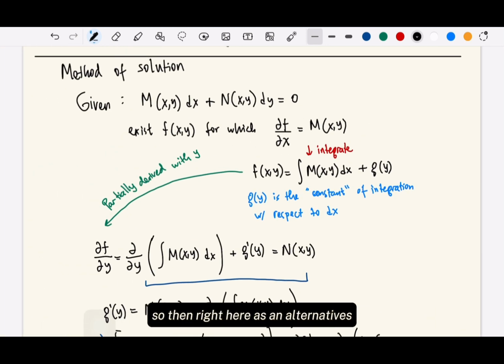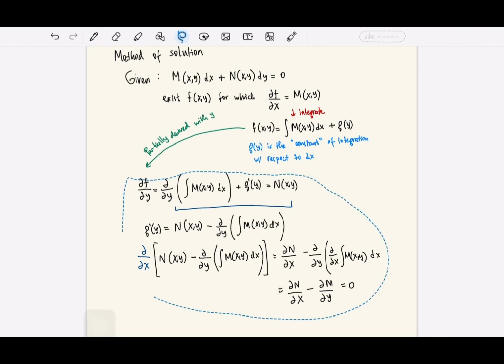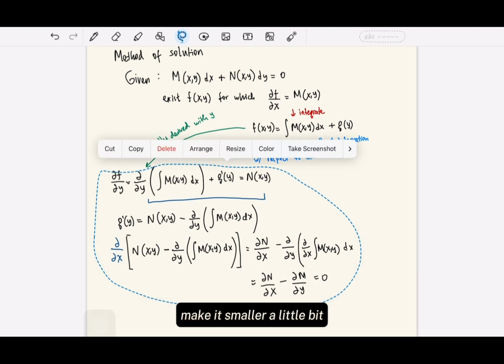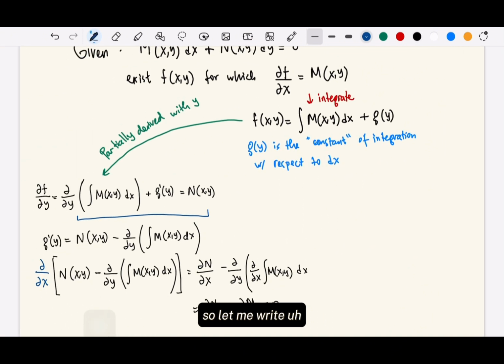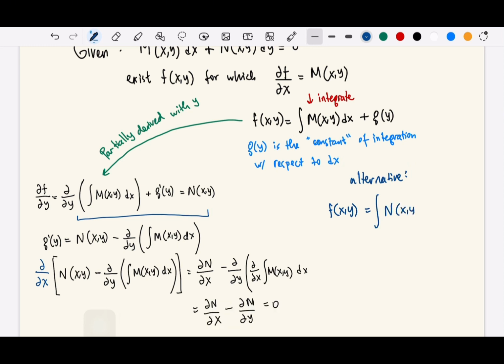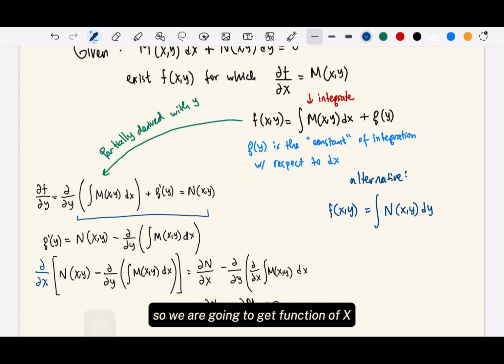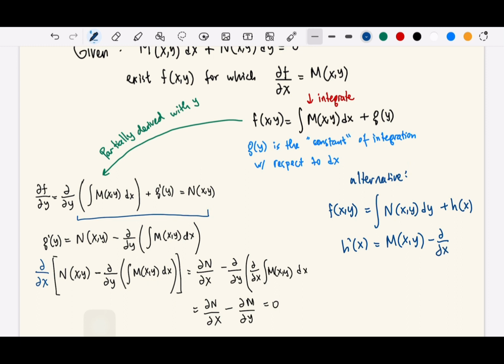So let me write here an alternative. Let me make it smaller a little bit. Okay. So let me write alternative. We can take the f and then using the n. Okay. The n is dy, so we are going to get a function of x, okay. And then we get the h prime x, which we can rewrite as this.